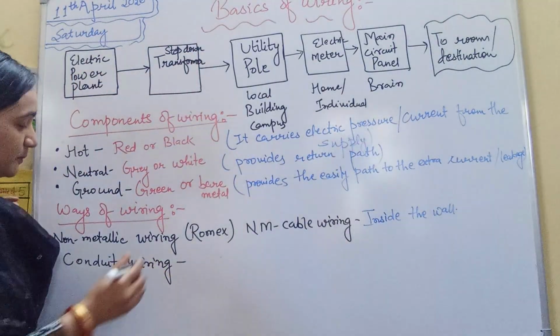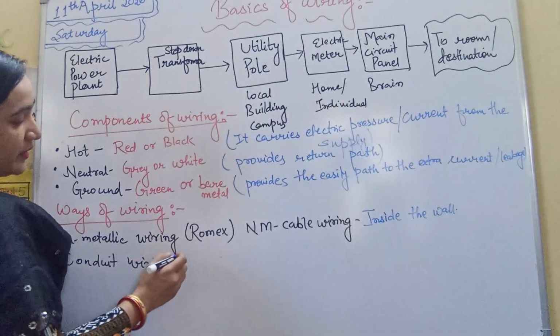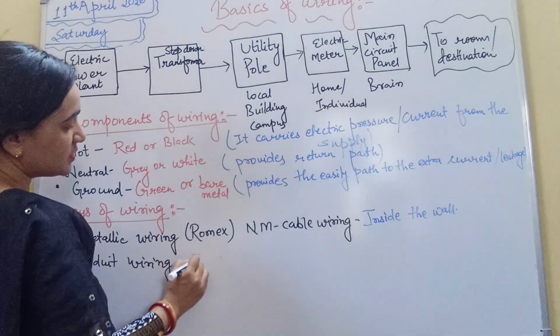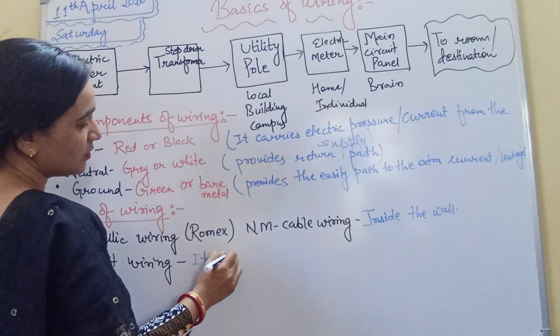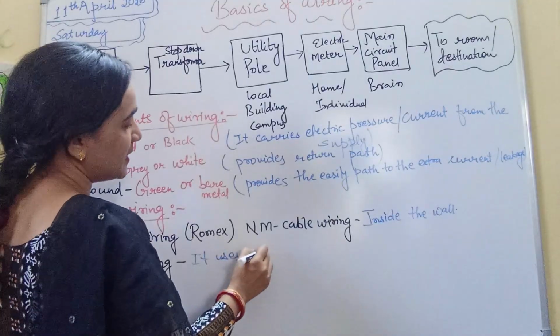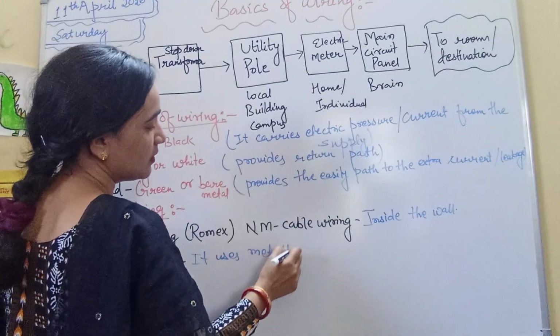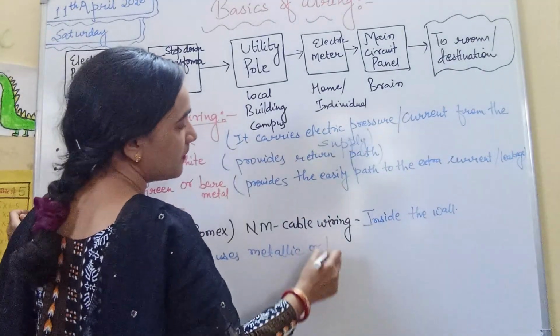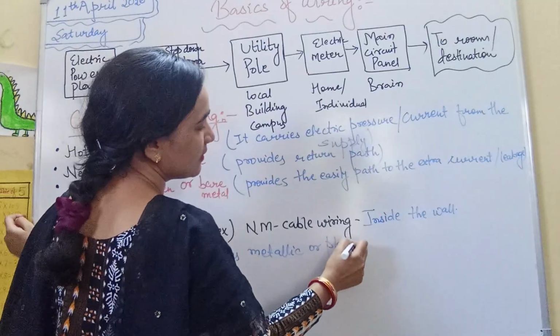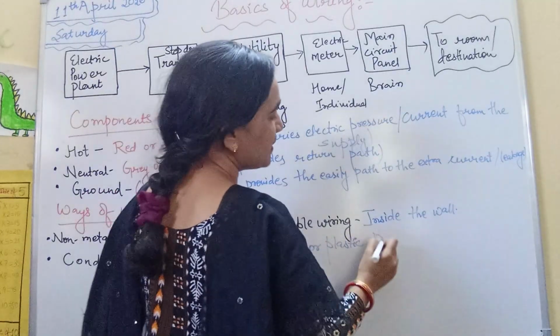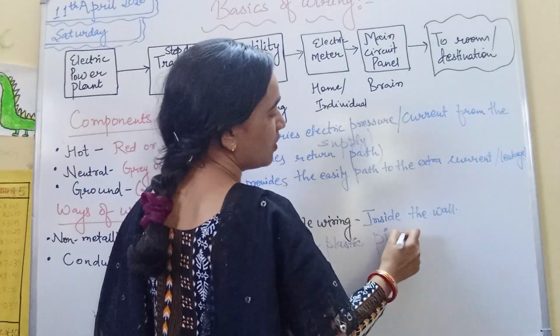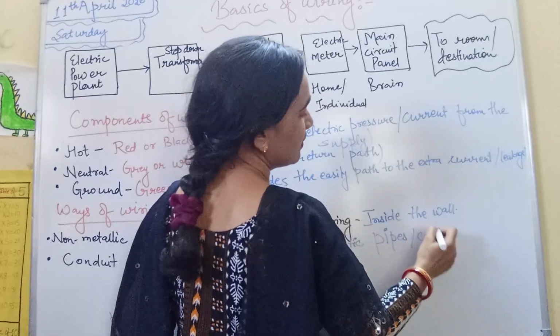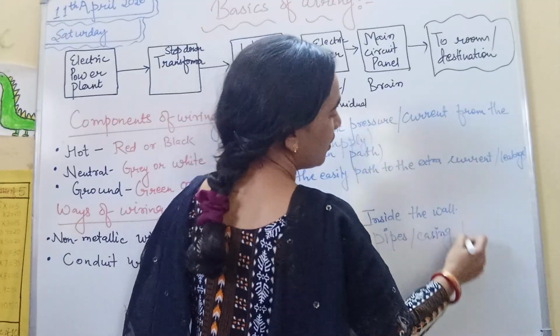Conduit wiring uses metallic or plastic pipes or casing for wiring.